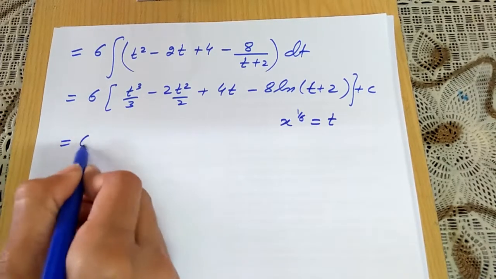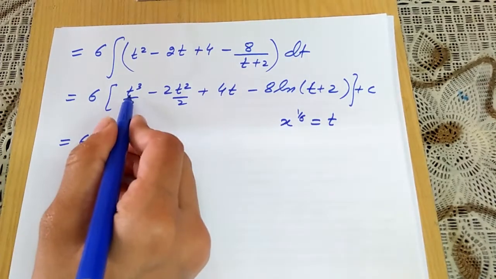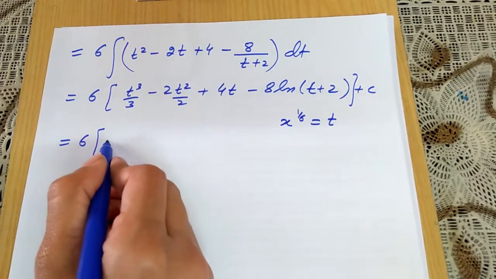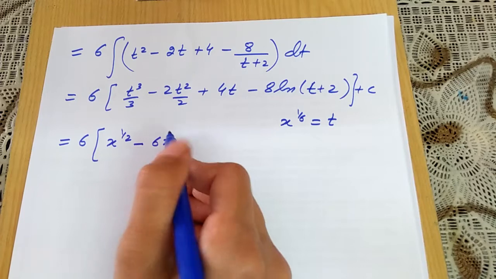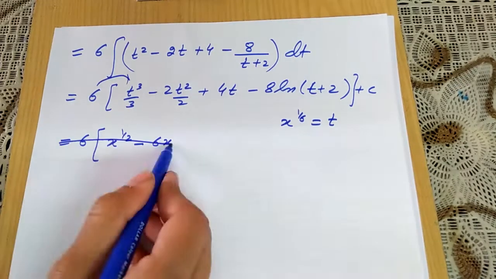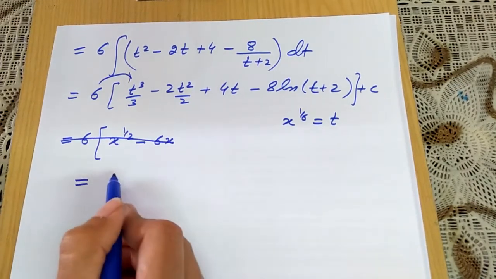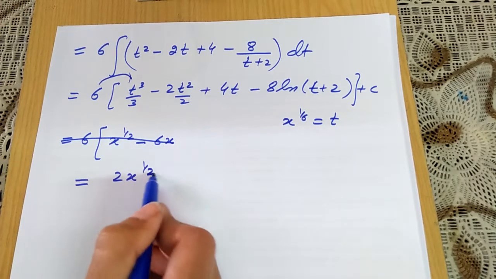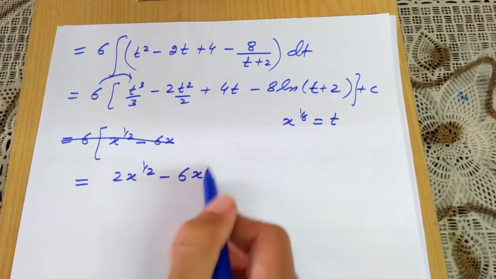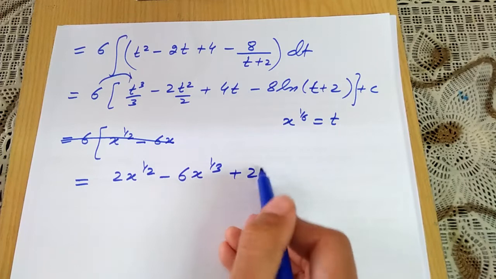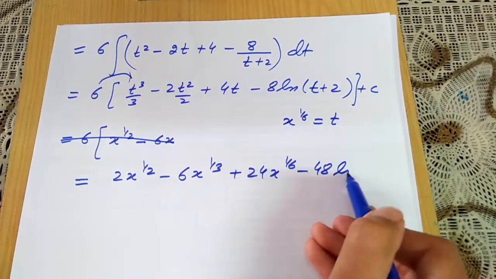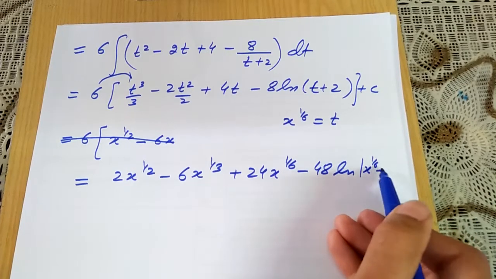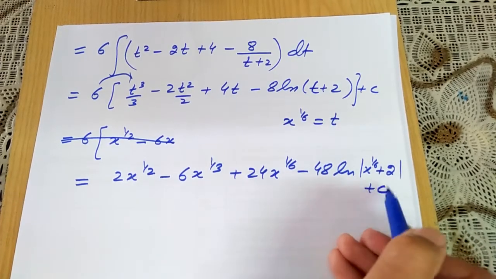You will get here 6, and this one will give you x raised to power 1 over 2 minus 6, x raised to power... just multiply 6 inside and do it in one step. I will get here 2x raised to power 1 by 2 minus 6x raised to power 1 over 3 plus 24x raised to power 1 over 6 minus 48 ln of x raised to power 1 over 6 plus 2, plus constant of integration.